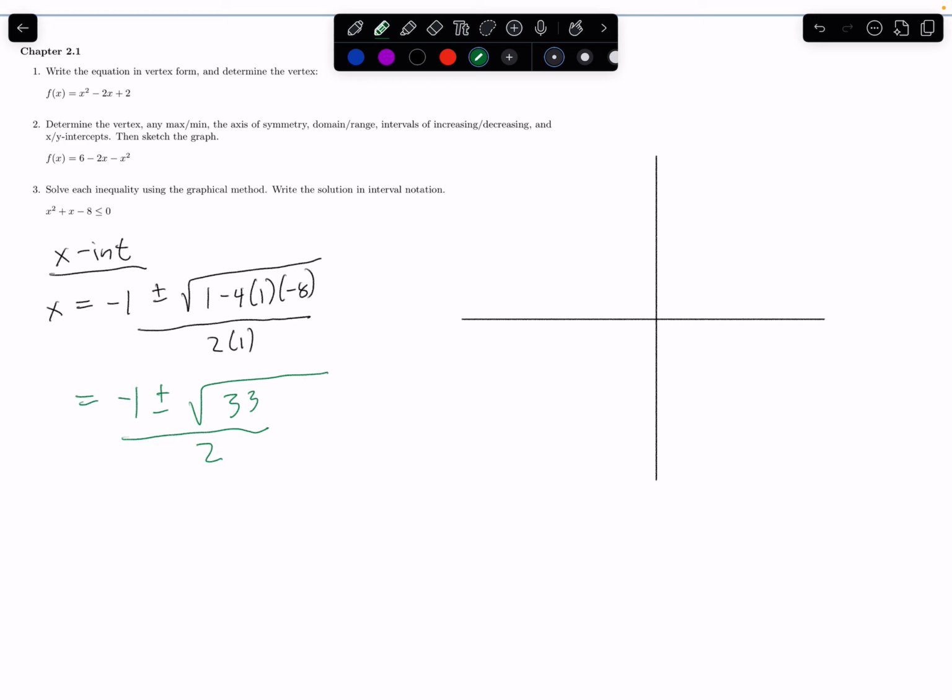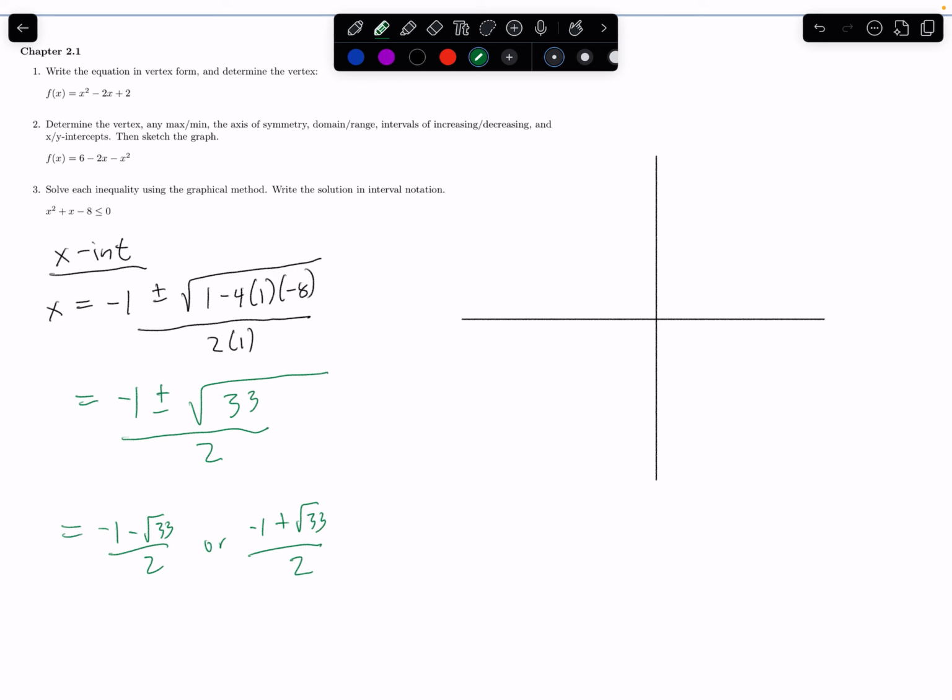Just double check I didn't make a mistake here. That's for ac. Yeah, that looks right. Okay. So this is going to be -1 minus the square root of 33 over 2, or -1 plus the square root of 33 over 2. Right? Those are my zeros.